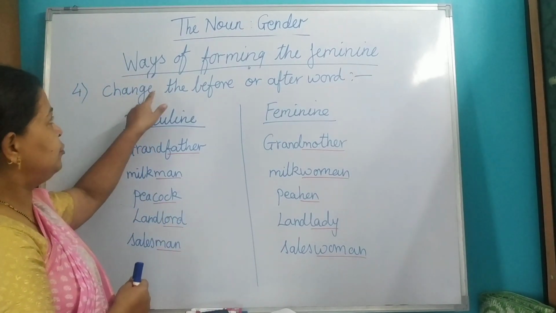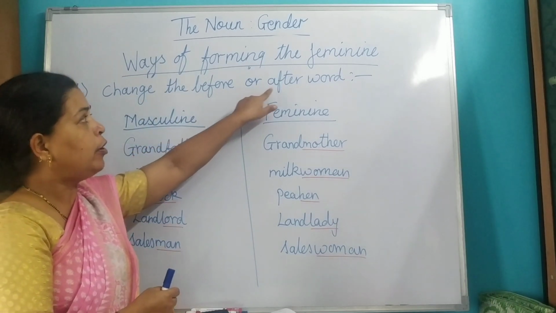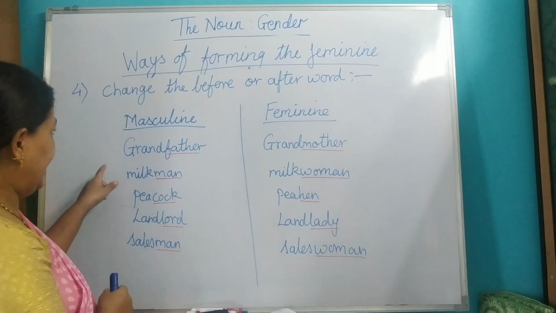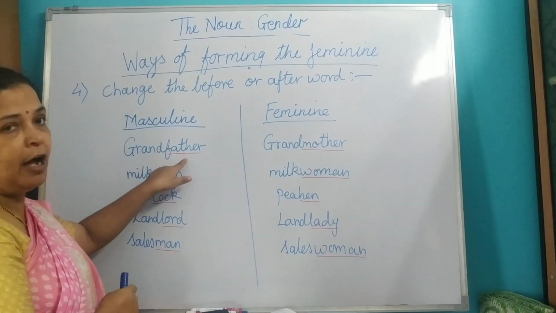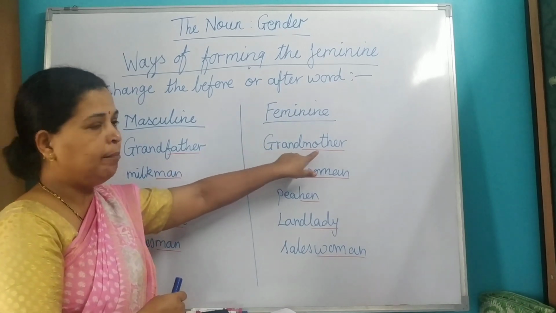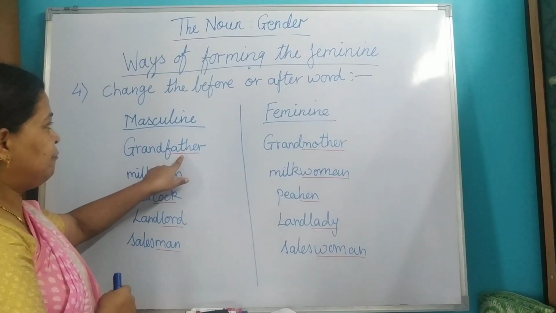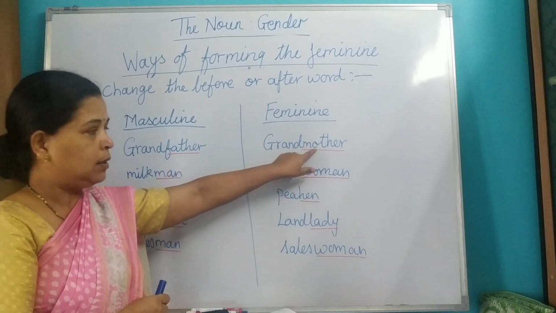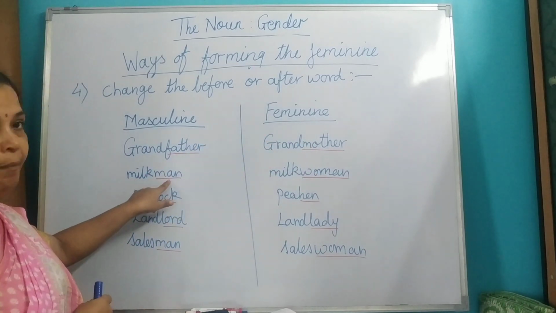In the next way, what we have to do, we have to change the before or after word of a masculine noun. Like grandfather. The feminine noun becomes grandmother. So the after word father becomes mother. Then milkman.